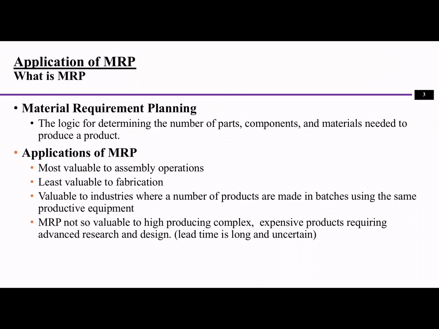That's why it's most valuable when a product has a lot of parts involved in the processes on the shop floor. For fabrication processes, usually there are not a lot of external parts and supplies, so it's probably least valuable there.